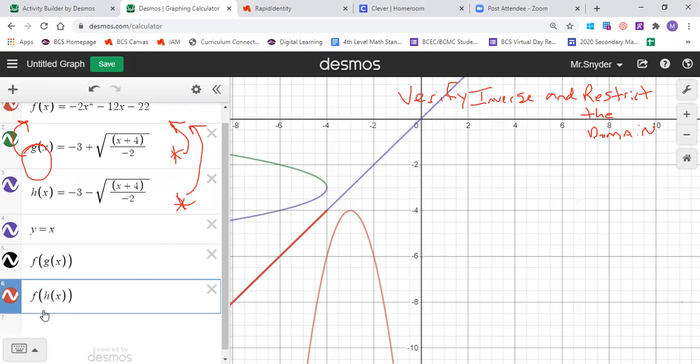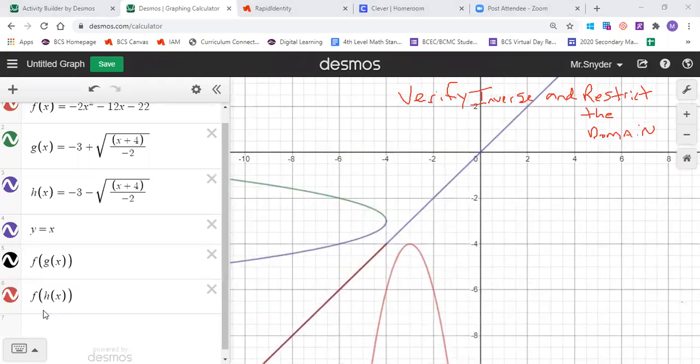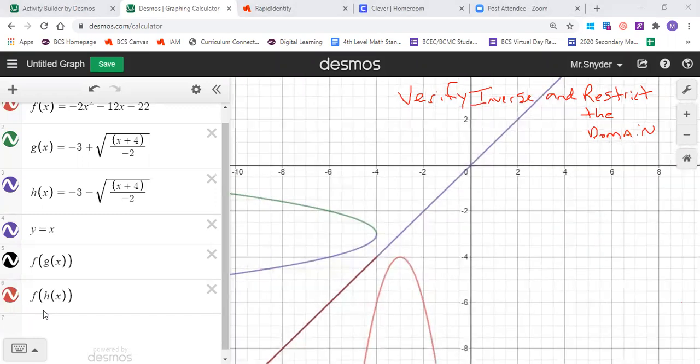Now what we're going to do is what we call restricting the domain, okay? And the reason why we have to restrict the domain is simple. We have to restrict the domain because the combination of these graphs, g of x and h of x, are two different functions, and they're not one individual function.